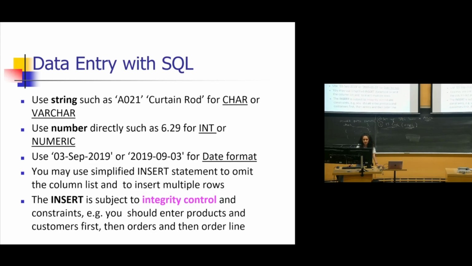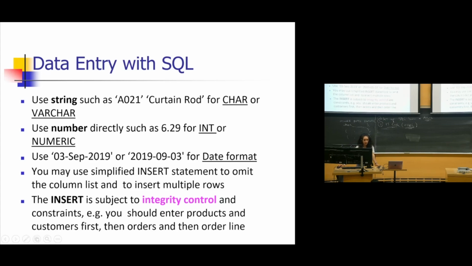So these are just some information about data entry with SQL. For example, if you are using a data type like char or varchar, which are used for what type? Characters, right? If you have something that is either only text or a mix of numbers and textual characters, then based on whether it's a fixed length or not, you can use char and varchar, and you always have to use the quotation marks like this.